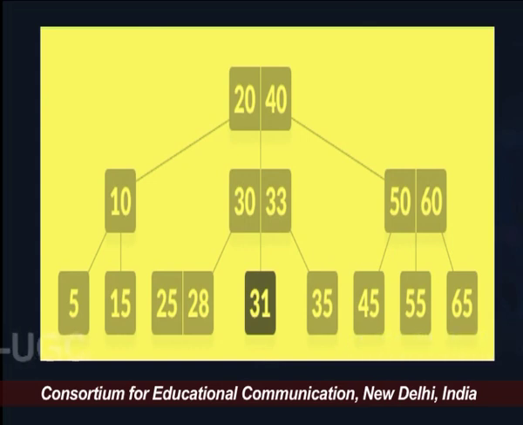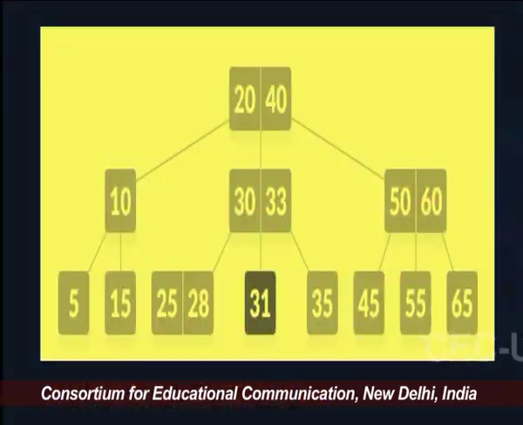But the point is, can we actually borrow directly? That means, can we really replace this 31 with 28? Can we do that? No. If we do that, what will happen?